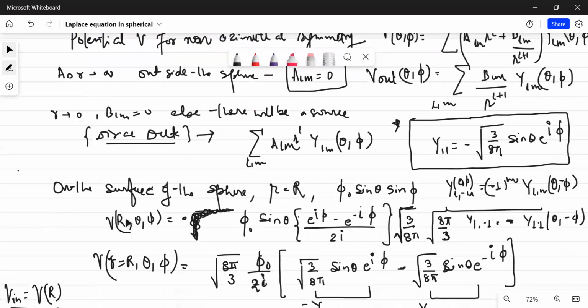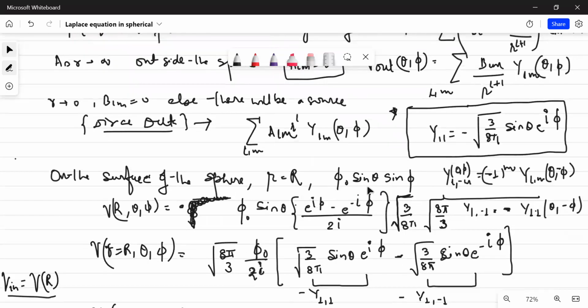Since on the surface it is given by phi naught sine theta sine phi, this will be V of r, theta, phi equals phi naught sine theta, and instead of sine phi, I've written e to the power iota phi minus e to the power minus iota phi divided by 2 iota. Is that clear? Like e to the power iota phi would be cos phi plus iota sine phi, and this is quite clear.